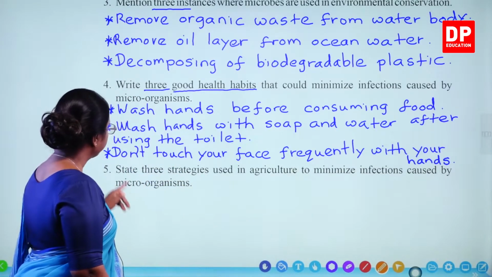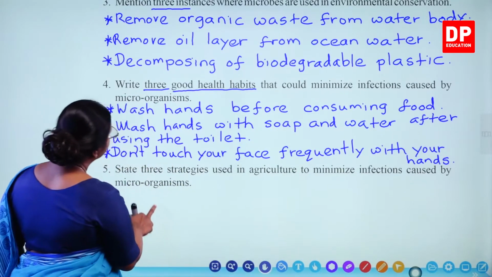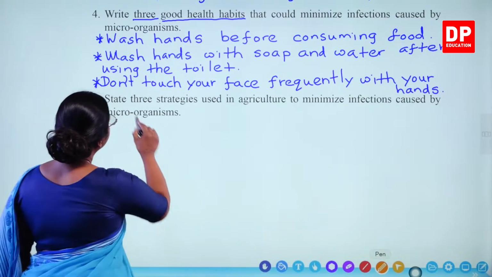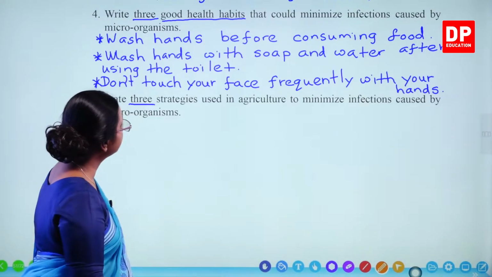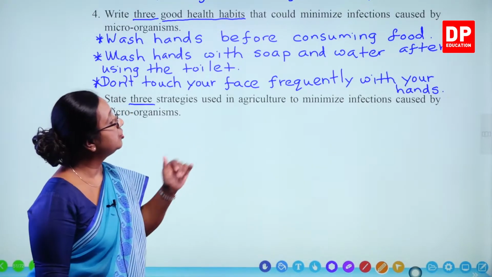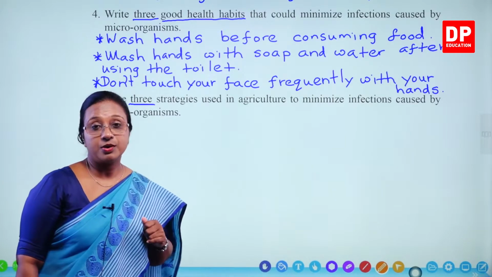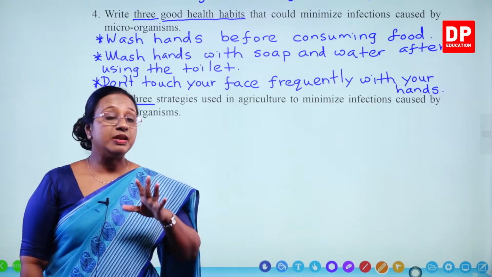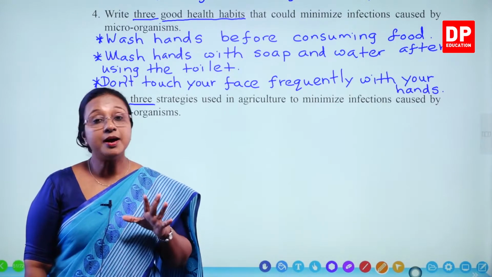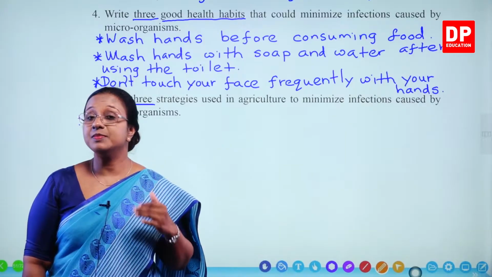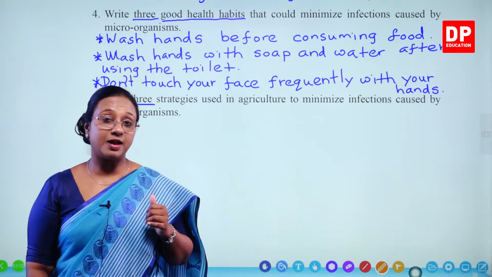The next one, we will look at the question. State again 3 strategies used in agriculture to minimize infections caused by microorganisms. So you know when we say agriculture, those are plants. Now can you recall the microorganism that causes infections to plants?